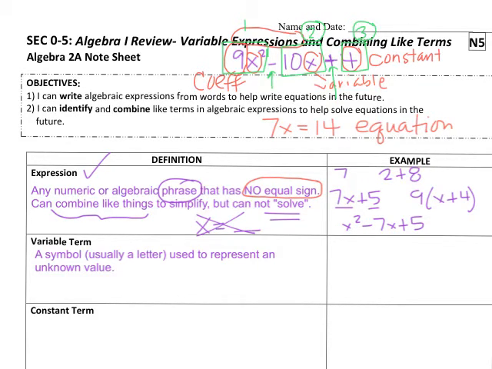Our next vocabulary term is variable term. Variable just means that it changes. It could change, it varies. This is a symbol of some sort, that's usually a letter, used to represent an unknown value. Okay, so we could use the letter x, we could use the letter z, we could use the letter y, and you might have seen it so many different ways.